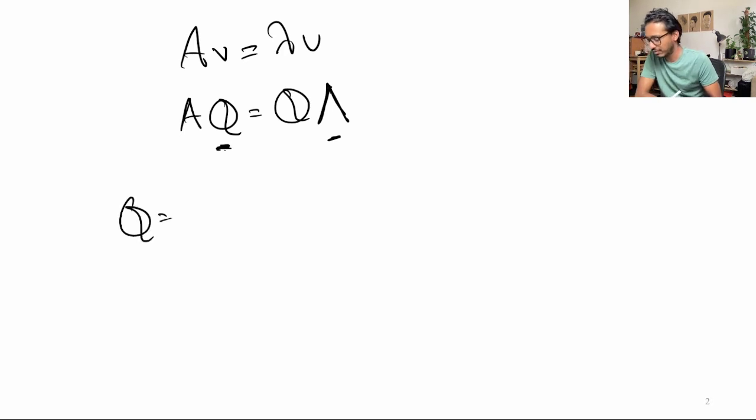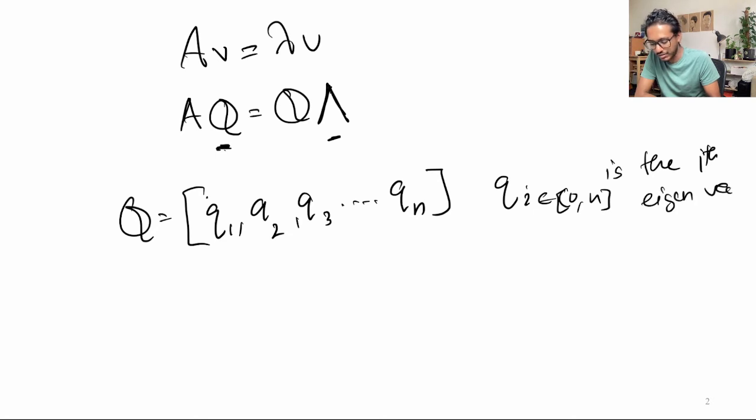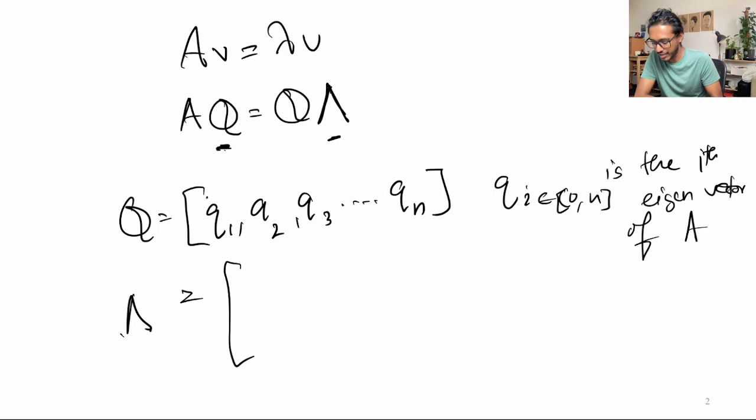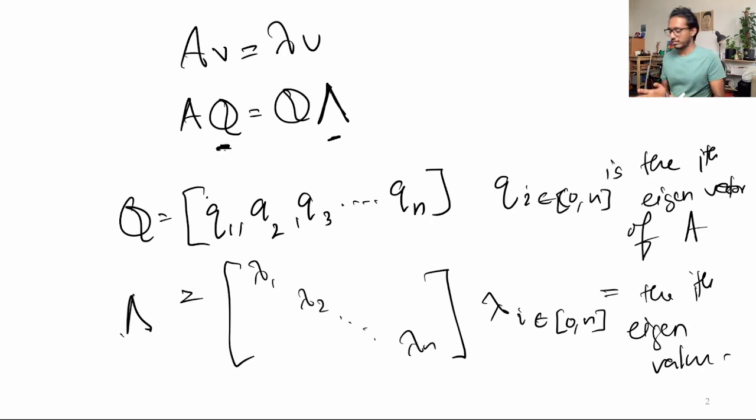We can say that Q is the column matrix Q1, Q2, Q3, up to Qn, where Qi, for i from 1 to n, is the ith eigenvector of A, and capital lambda is simply the diagonal matrix whose elements are the eigenvalues, the ith eigenvalue. So now we have this definition as well.